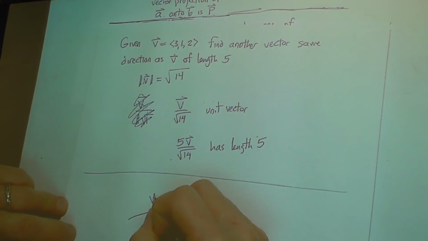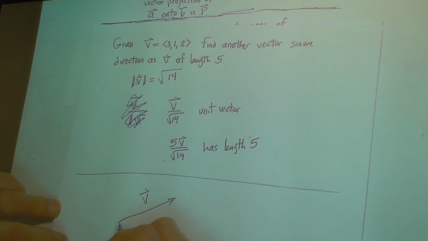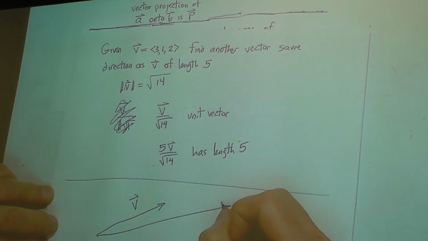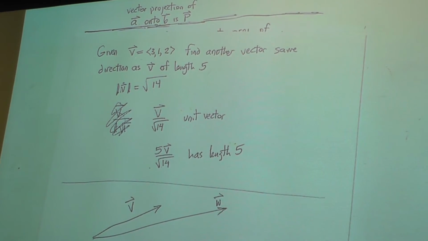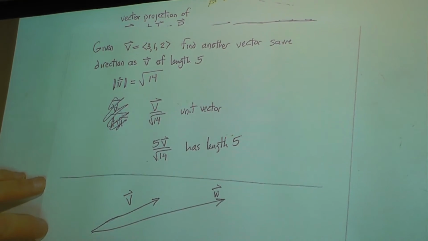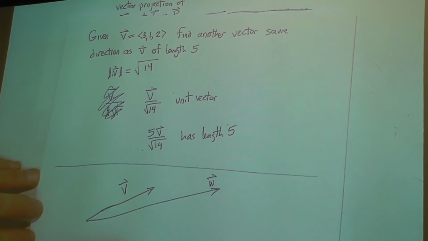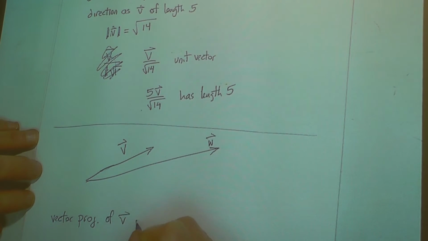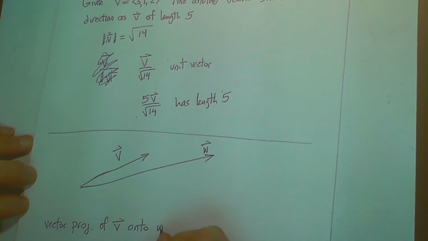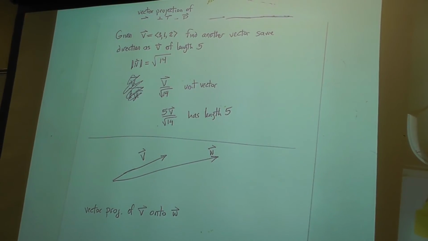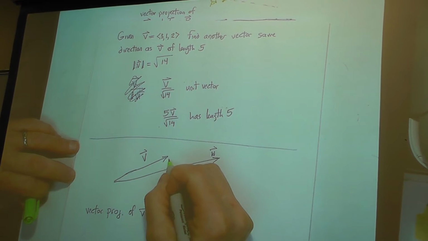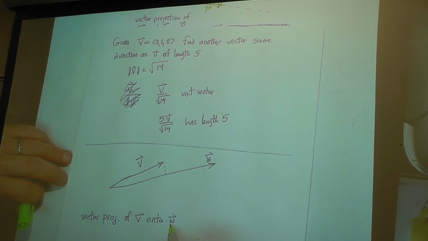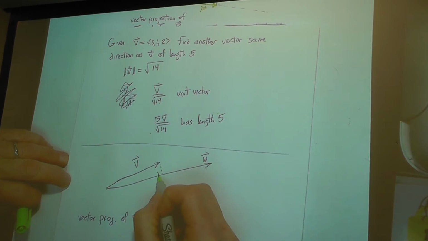Okay, so here's V. And say, here's my W. And I want the vector projection of V onto W. That vector, I drop a perpendicular starting at V, ending at W. That gives me a perpendicular.